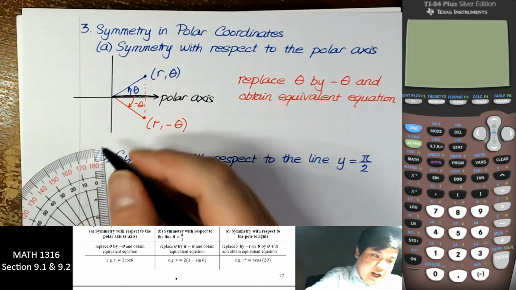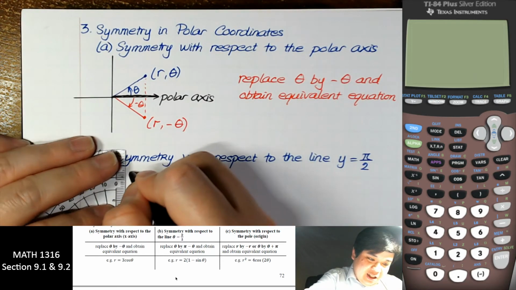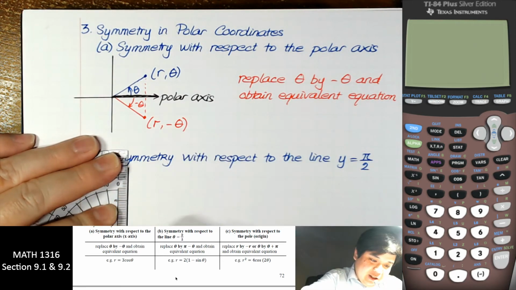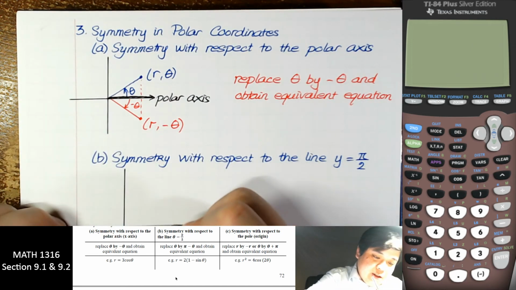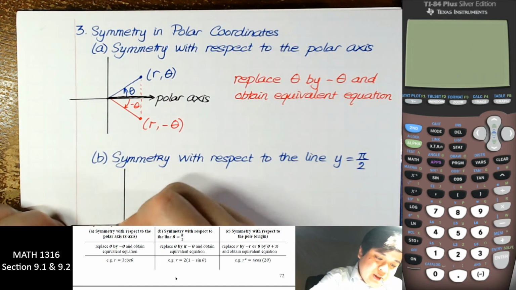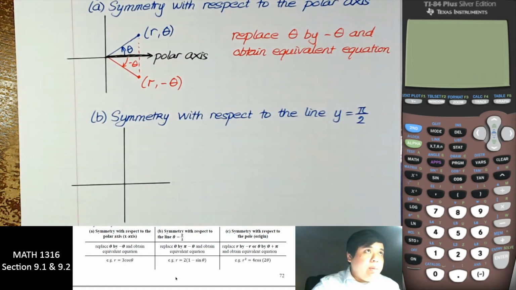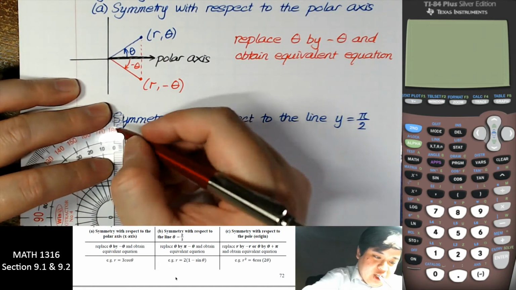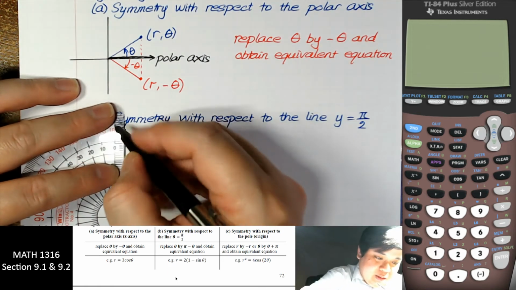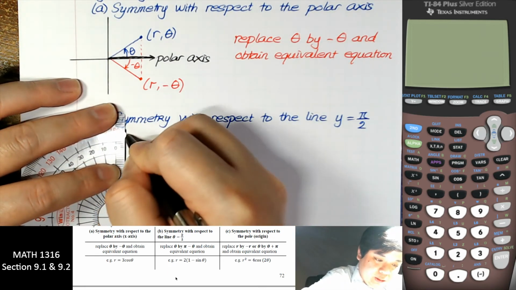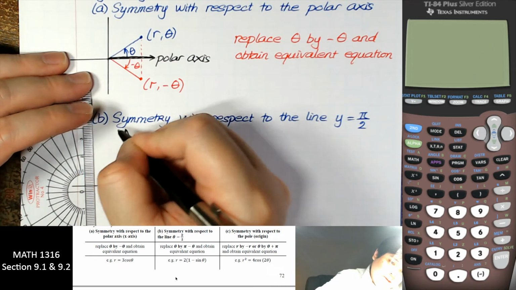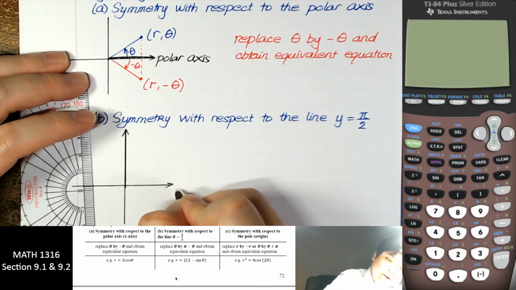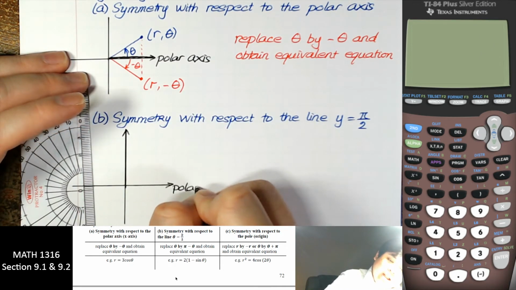Let me try to draw this again. What we have here is the line theta equal to pi over 2, and we still have the polar axis here.